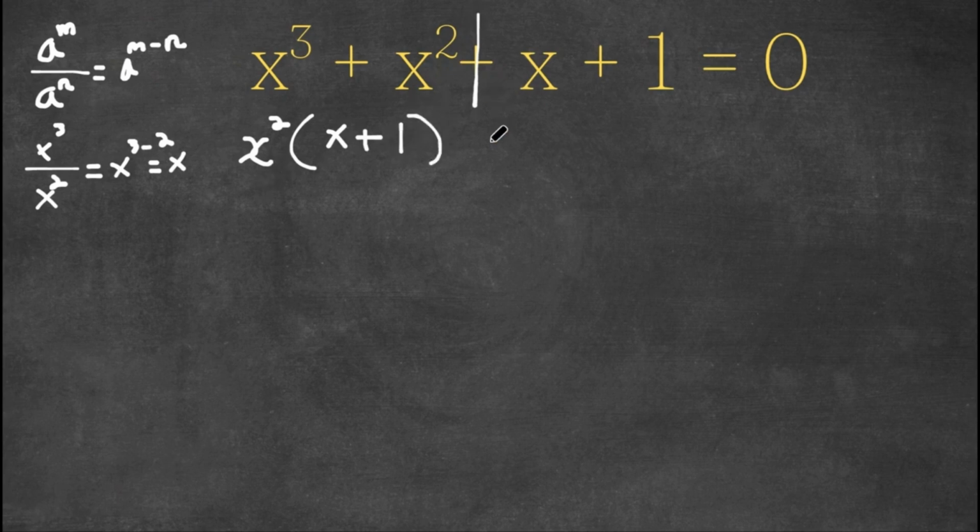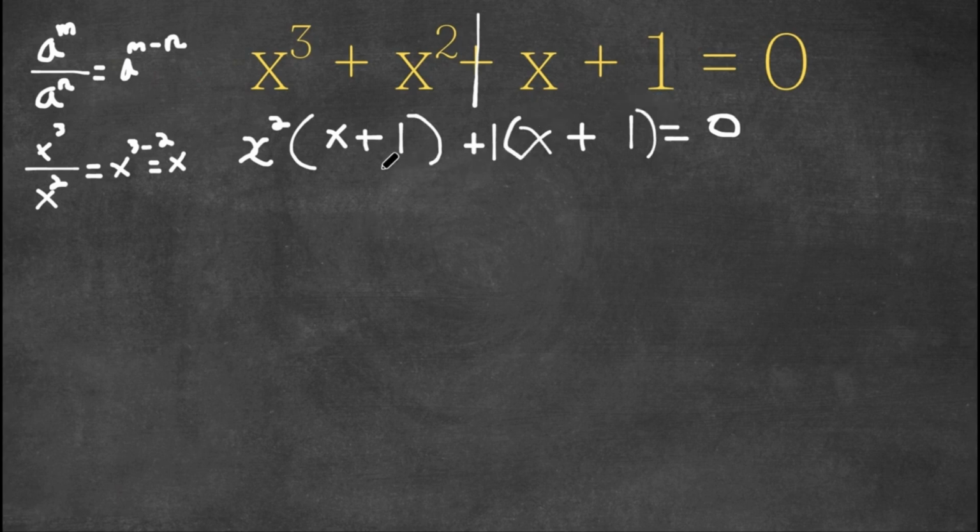And now on this side we have plus, and as you can see, since we already have x plus 1 here, we don't need to do anything. This side can't be simplified. And this is equal to 0. So now this would actually give us two equations, because x plus 1 is x plus 1 times 1.